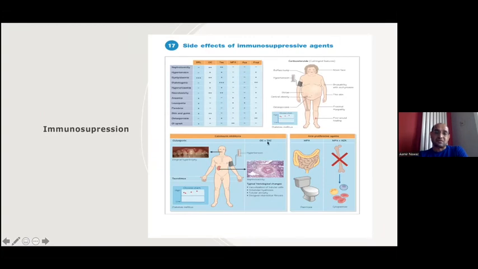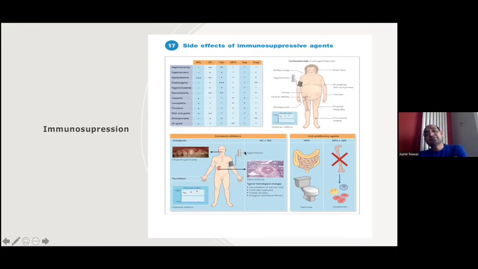The main thing you have to know about calcineurin inhibitors is that they are nephrotoxic and neurotoxic. This is very important. So tacrolimus is nephrotoxic as well as neurotoxic. The patient can develop acute kidney injury, chronic kidney disease, or they can develop seizures and neurological symptoms.